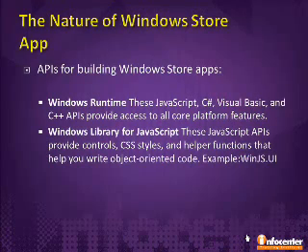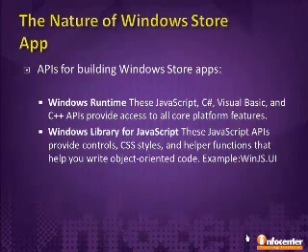Mainly two sets of APIs are available for building Windows Store applications: Windows Runtime and Windows Library for JavaScript. In the Windows Runtime, there are JavaScript, C#, Visual Basic, and C++ APIs, which provide access to all core platform features. And the JavaScript library provides CSS style functionality and helper functions that can help you to write object-oriented code in JavaScript.